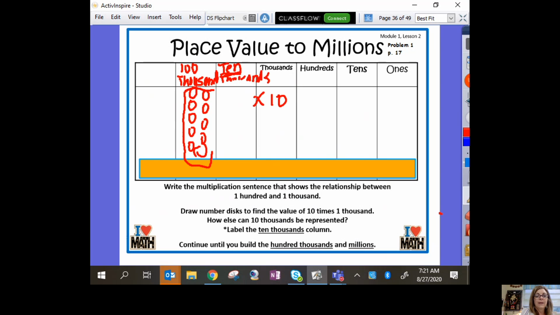I can make a new bundle now because that's 100,000, 200,000, 300,000, up to 900,000, and then that bundles to a larger unit, 1 million. This is my millions place value. This helps us to see the relationship between each column, and every time we move to the left in a place value column, we're actually multiplying by 10.